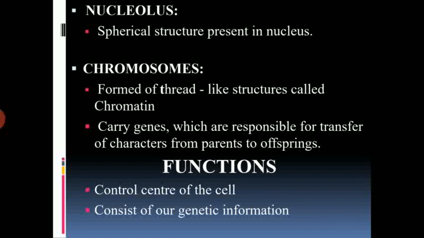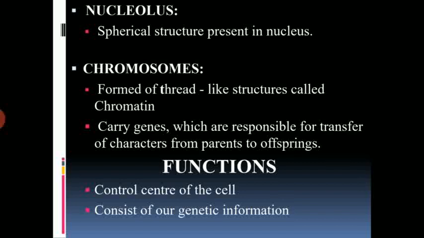Hereditary information means the information passed to you by your parents. For example, what kind of eye color you will have, that information is present in genes. What kind of hair color you will have, that is in the genes. What would be your height, whether you'll be tall or somewhat short, that is all controlled by genes.